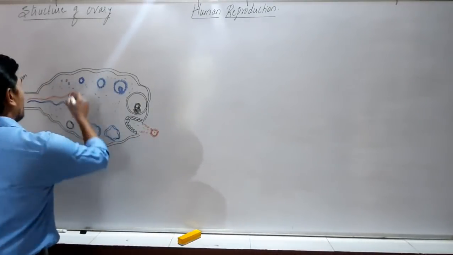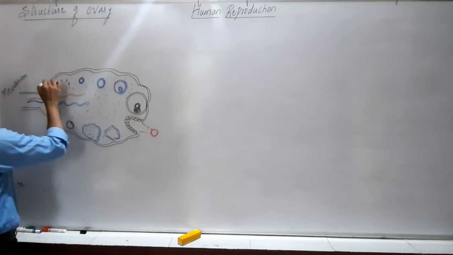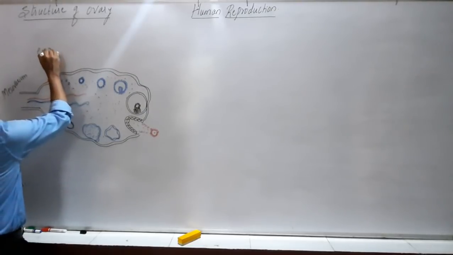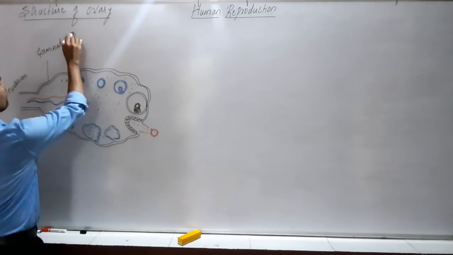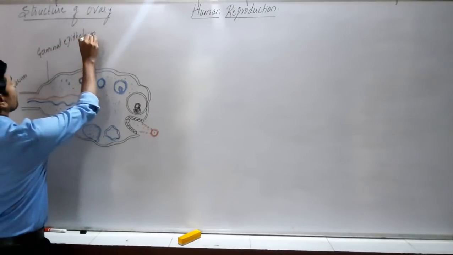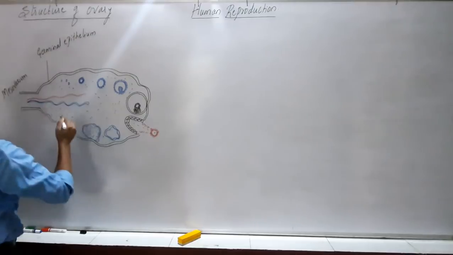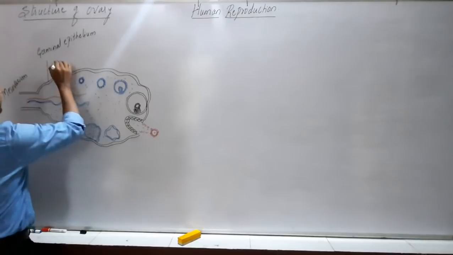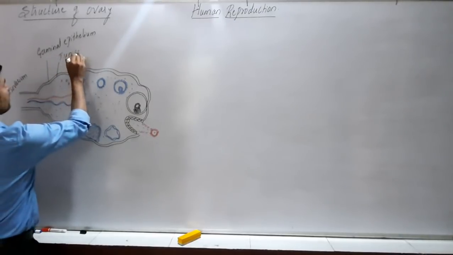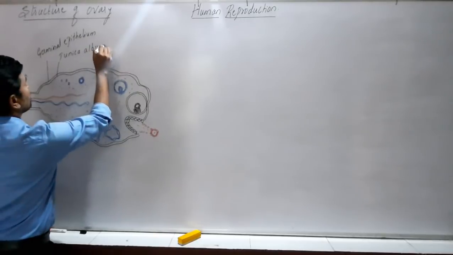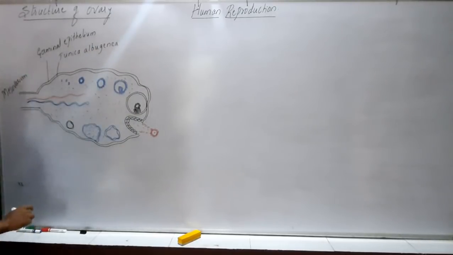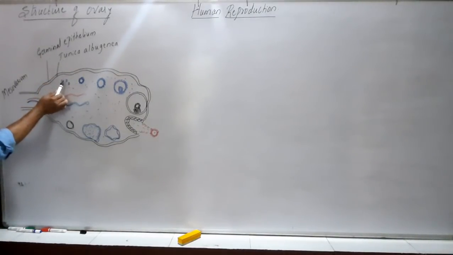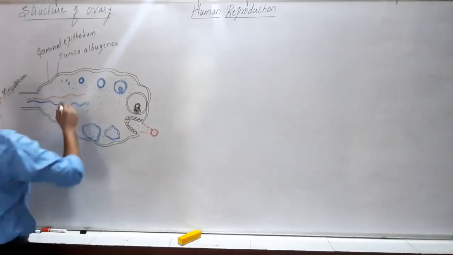Then apart from this, here we have the cells called the germinal epithelium. This is the germinal epithelium, and below the germinal epithelium we have a layer called the tunica albuginea. And here we have certain follicles, the growing follicles, which we call primordial follicles.